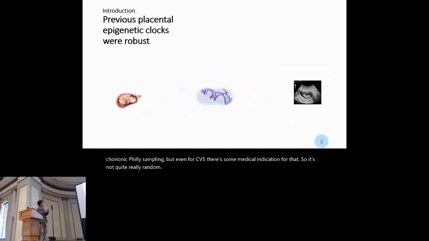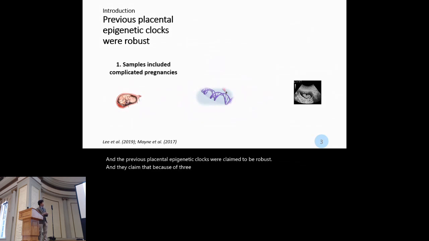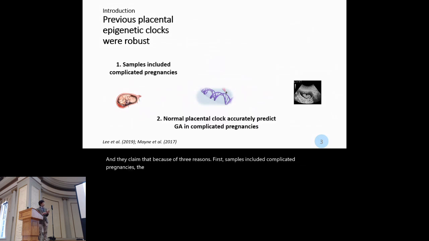The previous placental epigenetic clocks were claimed to be robust for three reasons. First, samples included complicated pregnancies. The second reason is that when they used the normal placental clock, they claimed it accurately predicts gestational age even in complicated pregnancies.